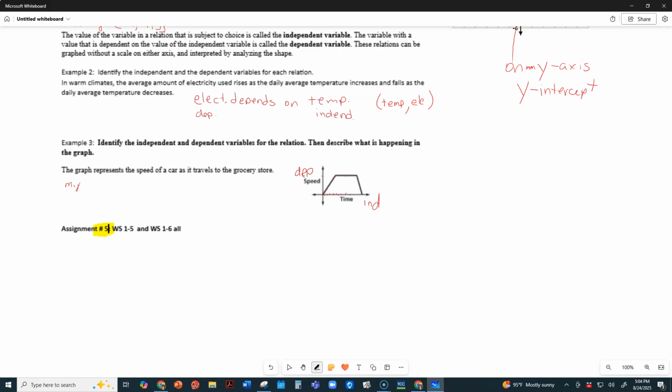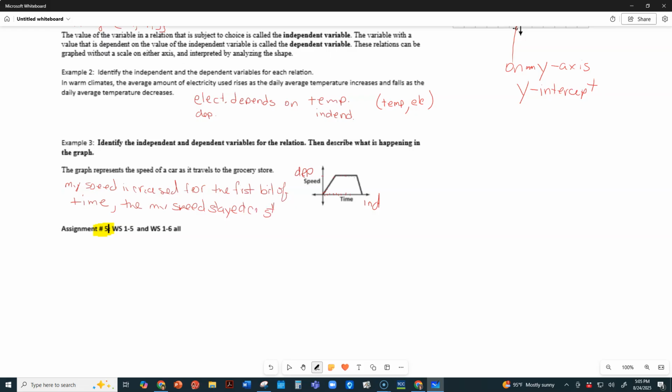My speed increased for the first bit of time. And then I would say, then my speed stayed, I'm going to use a math word here, stayed constant.